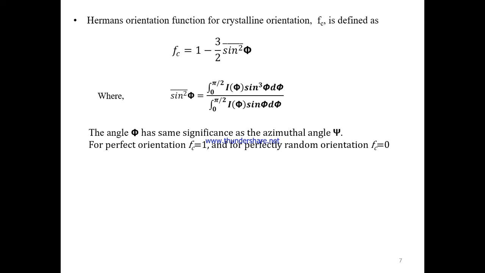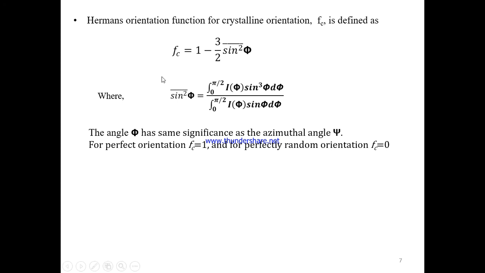Now, by putting the value of Fc equal to 0 and 1 in this equation, you can calculate the value of theta. The value of theta will give you the idea about the average angle between the fiber axis and the molecular axis. That is the concept of molecular orientation as I have discussed earlier.